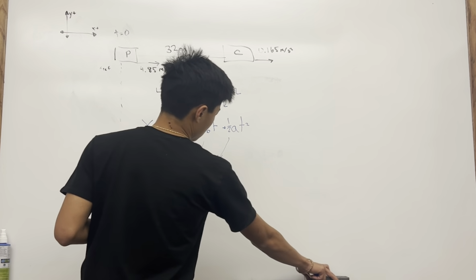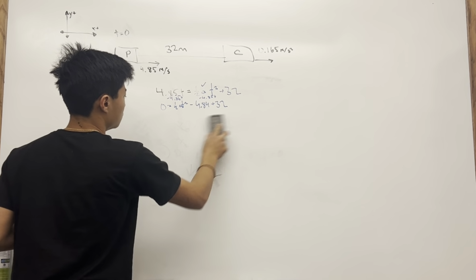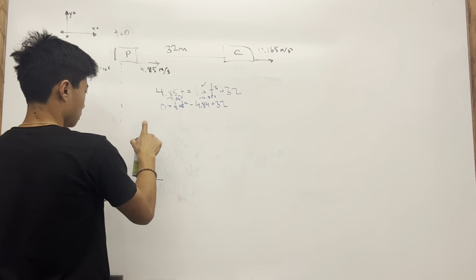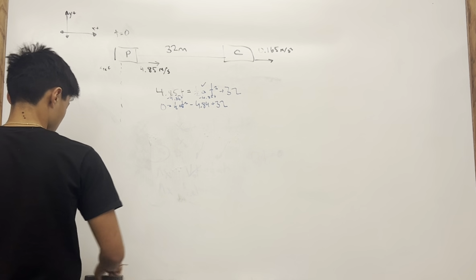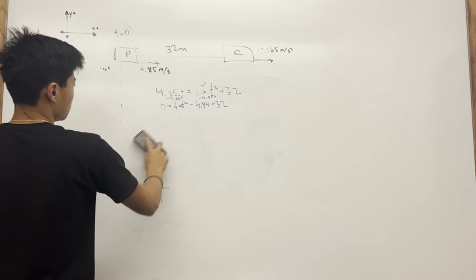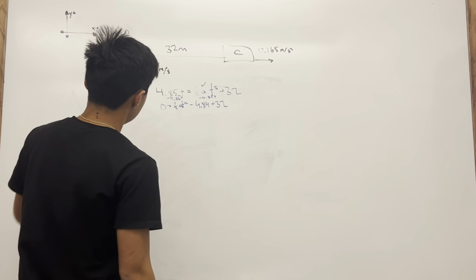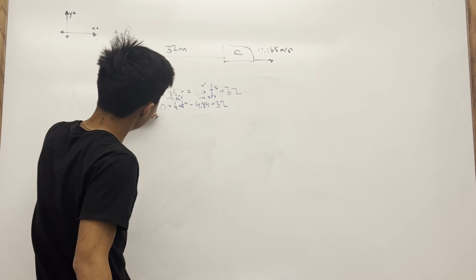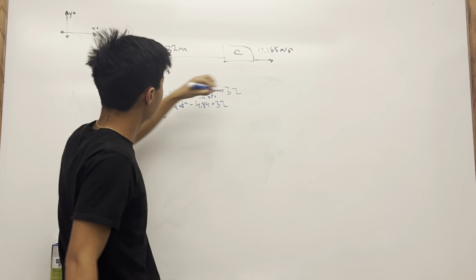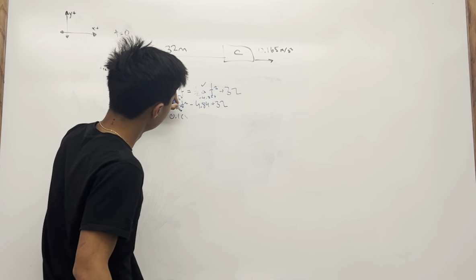So then you have 0 equals, and then this times 1/2. So it's 0.165.